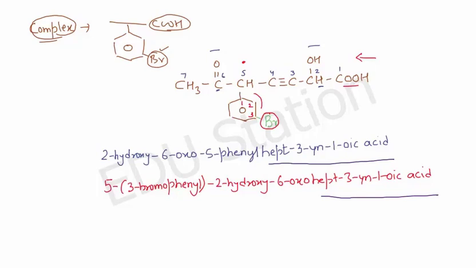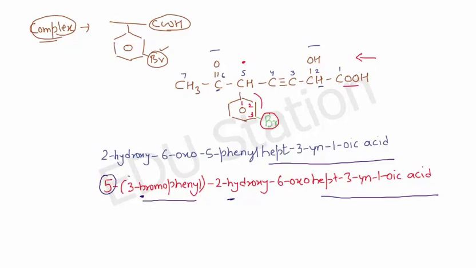We have written bromophenyl before hydroxy because this starts with B now. We'll be using the first alphabet of the complex to decide the order of prefixes. This 5 is representing the position of the complex.